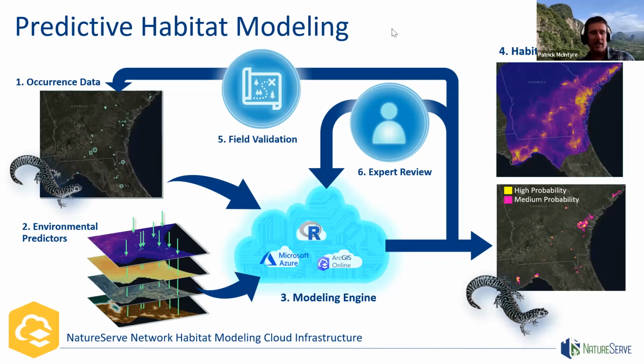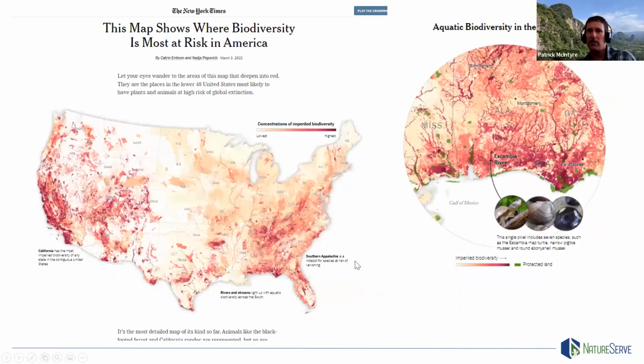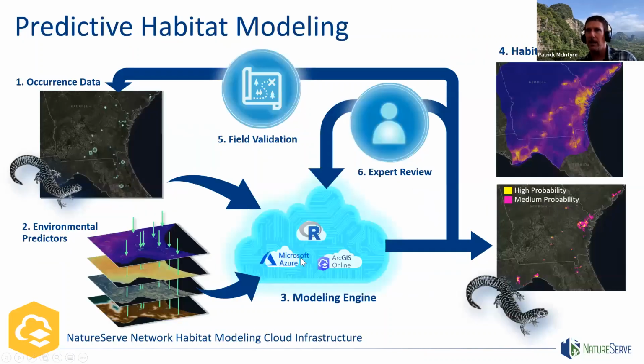But the basic idea is you take occurrence data, in this case where this salamander might be located, combine it with environmental predictors such as temperature, habitat type, things like that. And then you combine, in this case we have a cloud environment where we use some kind of advanced computing techniques to try and produce models of where species occur.